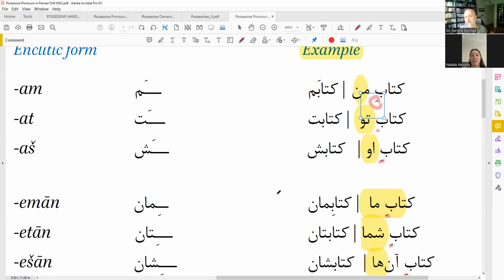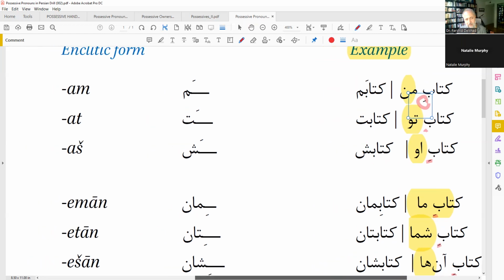But there is also an alternative that I have after the separator line here. In this case, we drop the a, the genitive or izafe construction, and we just add endings.